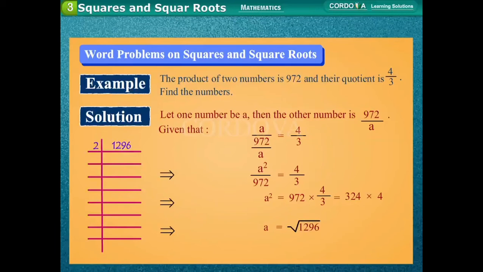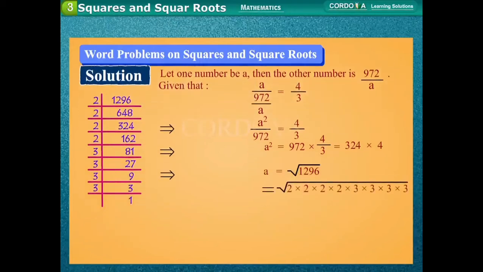1296 divided by 2 is equal to 648, divided by 2, 324, divided by 2, 162, divided by 2, 81, divided by 3, 27, divided by 3, 9, divided by 3, 3, divided by 3, 1, which is equal to 2 into 2 into 2 into 2 into 3 into 3 into 3 into 3.